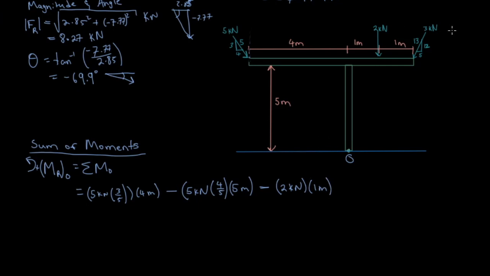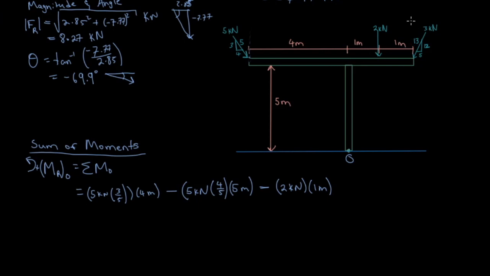Let's move on to this force here, the 3 kilonewton force. Let us start off by considering the vertical component of the force. As you can see here, this force points downward. So we're multiplying this component of the 3 kilonewton force times its perpendicular distance from O, which is this distance here, 2 meters.